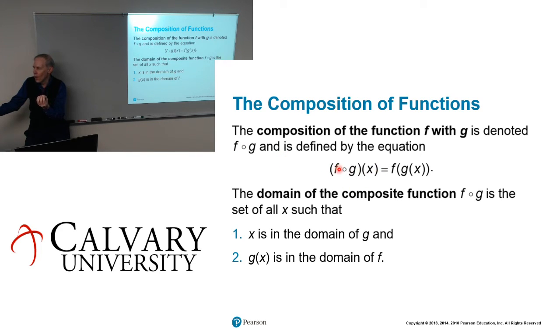Now, you can write it in this symbolism, but it also means f of g of x. So that's why it's a function of another function. It's not combining them as if you were adding, subtracting, multiplying, or dividing.